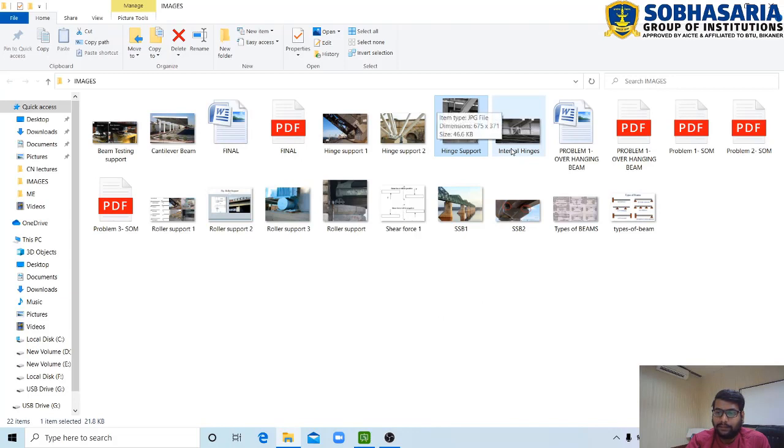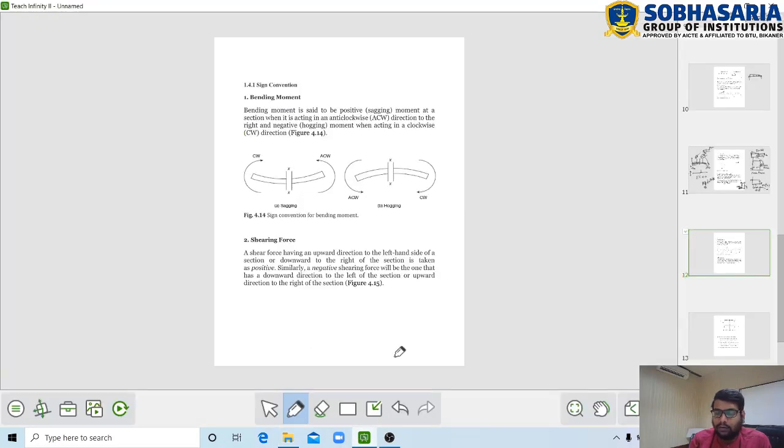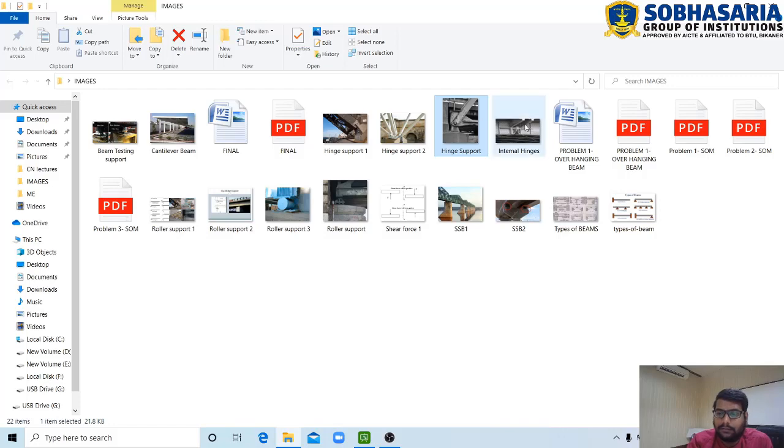Next, in many theory we have seen internal hinges. Internal hinges are induced to willfully cause a weak point or a bending point on a beam. The internal hinges are shown like this. So, in practical case, the internal hinges are shown like this.